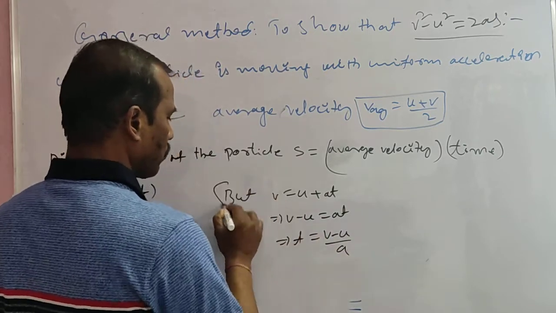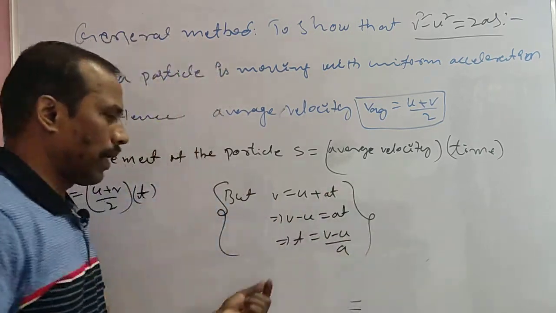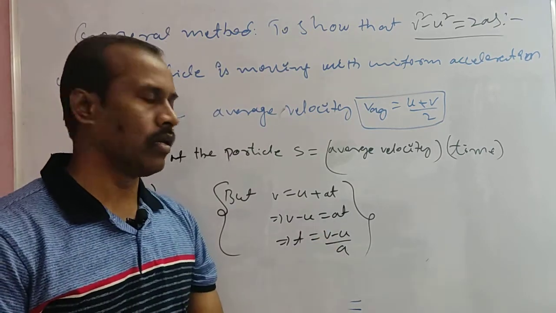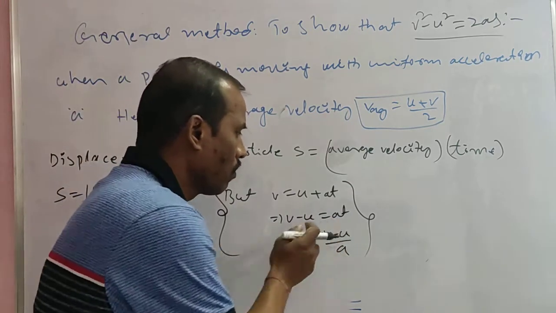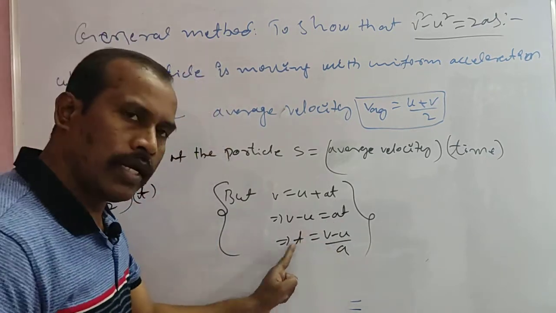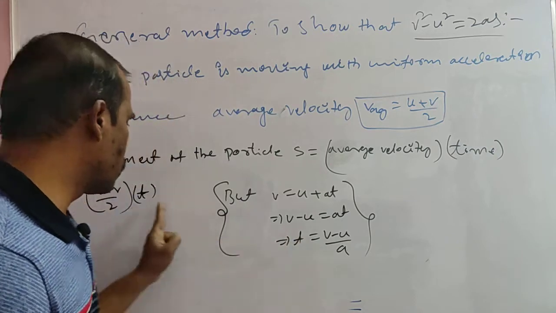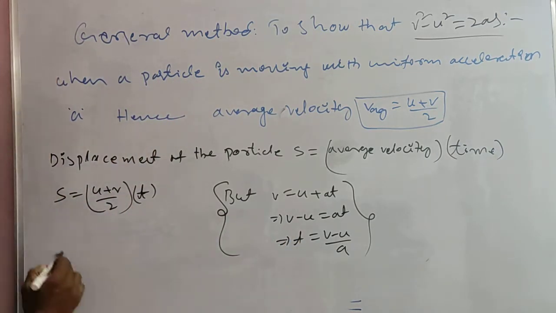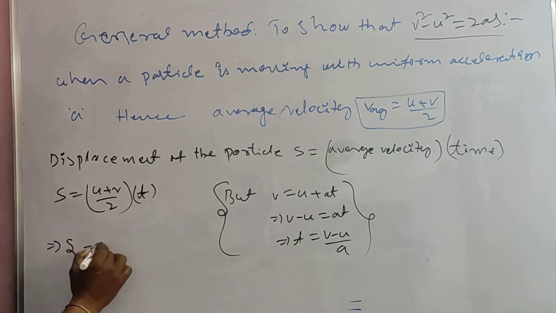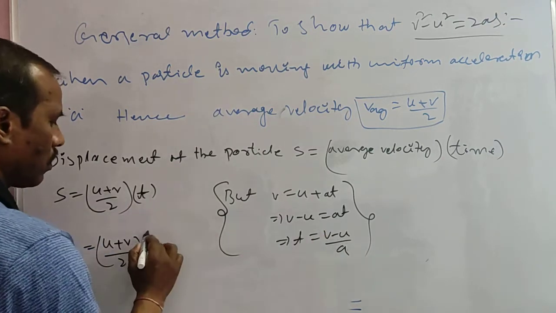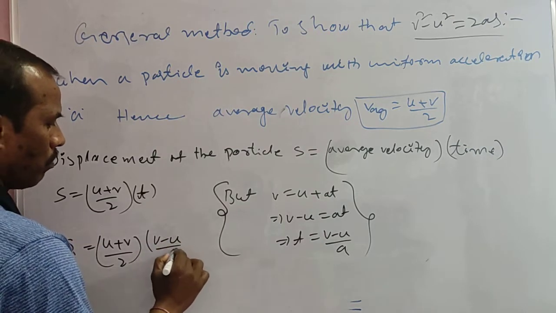Substituting this t value in the equation, s is equal to (u plus v) by 2 into (v minus u) by a.